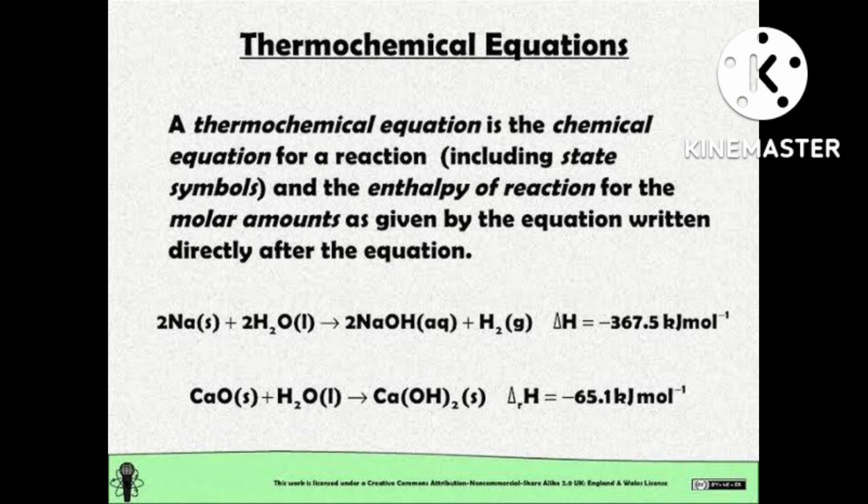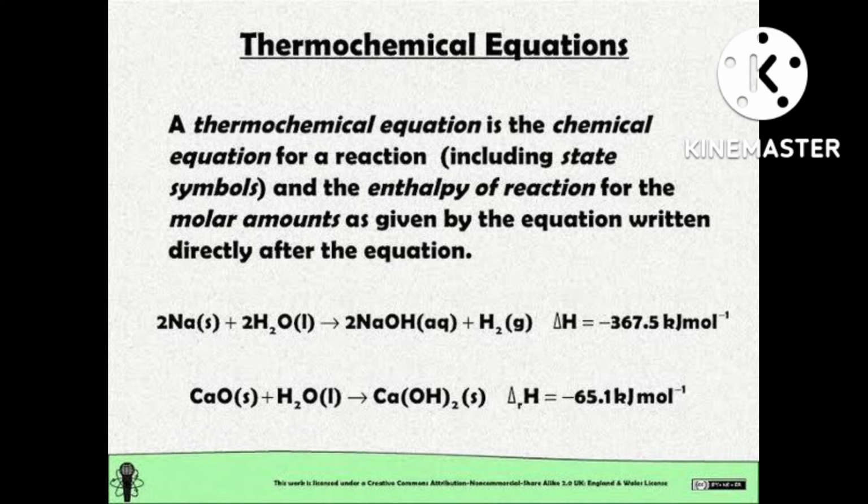Here, according to the question, you have to consider it as a gas only. From liquid to gas you want to convert. This is called vaporization.